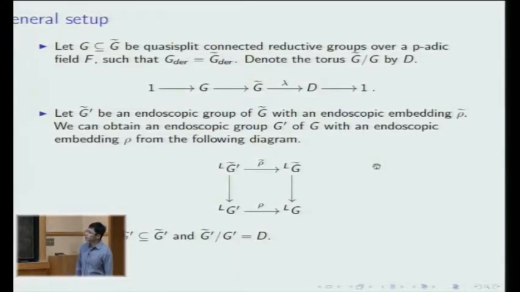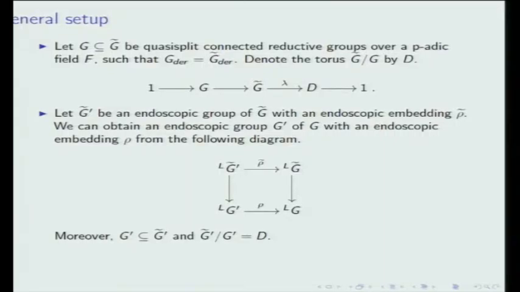And in this case, if you have an endoscopic group for G tilde, then on the dual side, you can map that into LG, and you will get an endoscopic group for G. Moreover, these two endoscopic groups G prime and G tilde prime have the same kind of relation as G and G tilde.